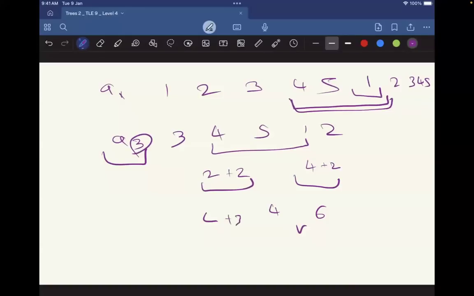So you can just do 3 minus 1 here, and you can just do 3 minus 1 here. You will find the range in which you need the sum in the original array. And for the original array, you can maintain a prefix sum. Yes or no? Tell me, guys. Clear? Is this clear for everyone?